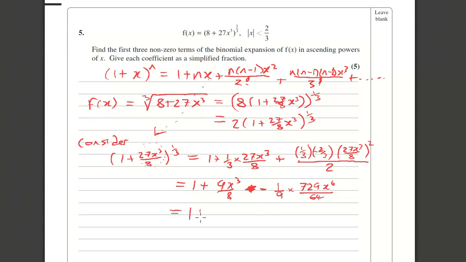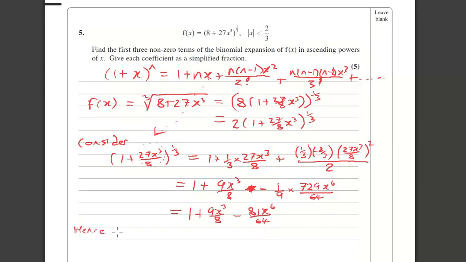So we get 1 plus 9x cubed over 8 minus 81x to the 6 over 64. But at the very end, we need to times that all by 2.